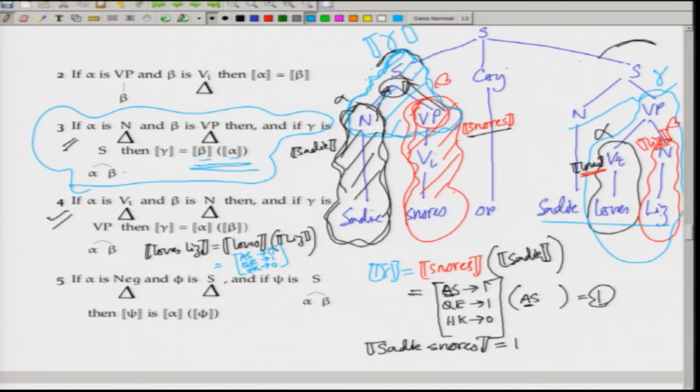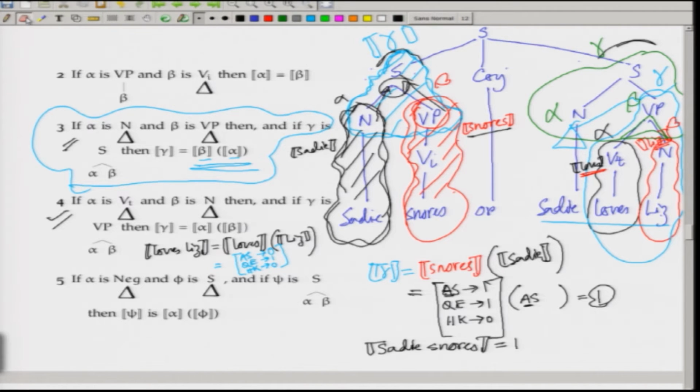So, if alpha is n goes to something, and if beta is vp goes to something, we can see that this perfectly satisfies it. So, this is alpha and this is beta, and if gamma is s goes to alpha beta, which is this.